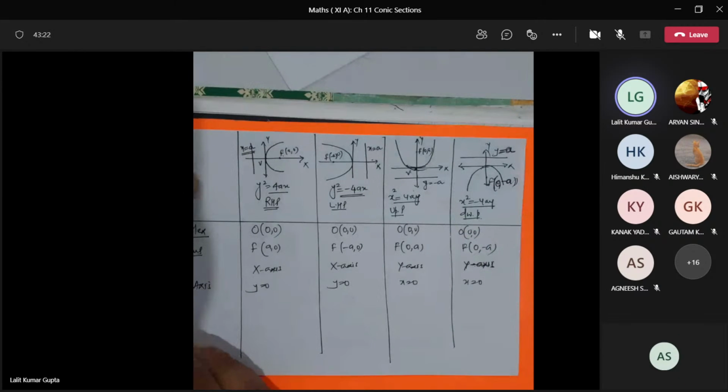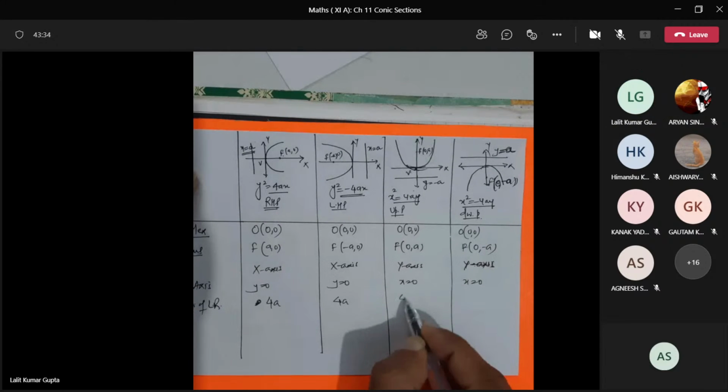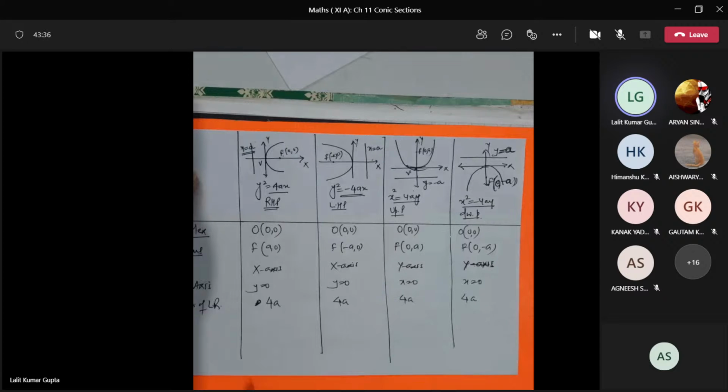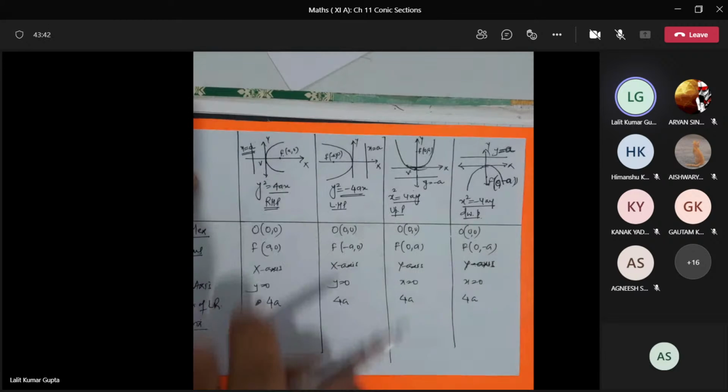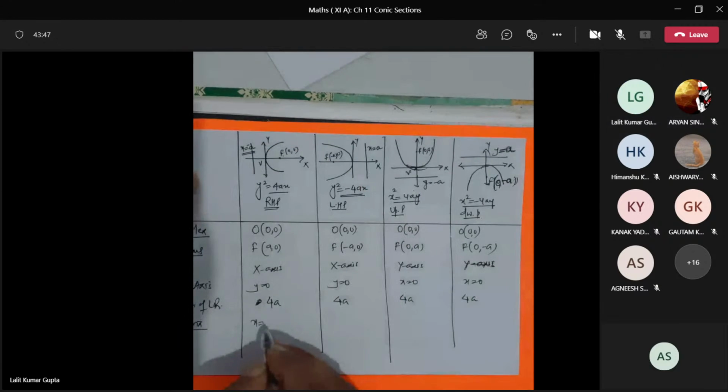Next is length of latus rectum beta. So length of latus rectum, in each case it is always 4a. Then आएगा directrix. In this situation, equation of directrix is x equal to minus a, that is x plus a equal to 0.